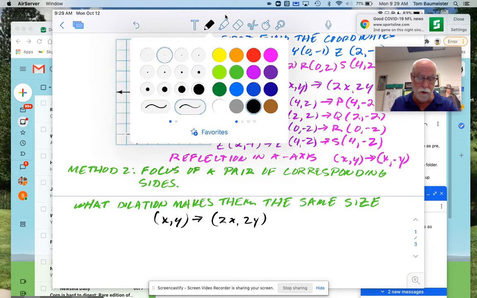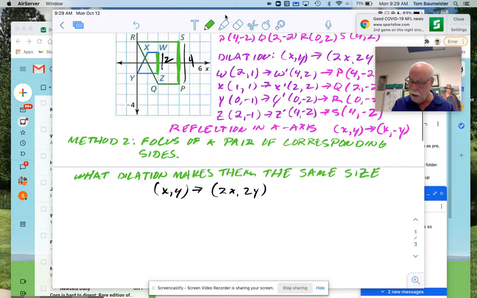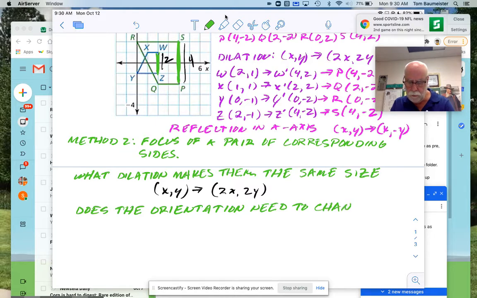I'm going to write them all down here, even though we're only going to use 2 of them. So the second question you can ask yourself, does the orientation need to change? Okay, if the orientation changes, that means there's a reflection.